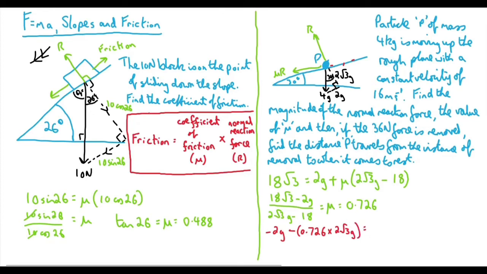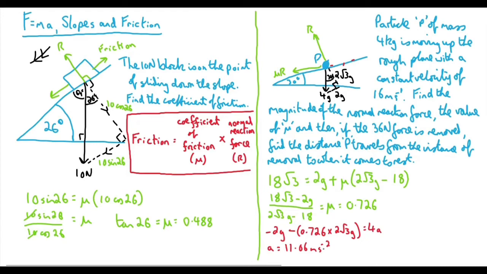Together, that resultant force will be the same as the mass times acceleration, F equals ma. So the particle has a mass 4 and then an acceleration that we're now trying to find of a. It now has an acceleration. By just putting this into your calculator and then dividing by 4, this leaves you with an acceleration of approximately 11.06 meters per second squared.